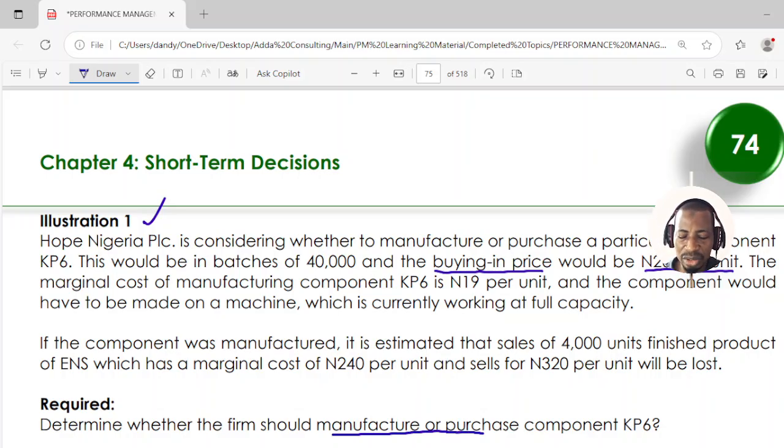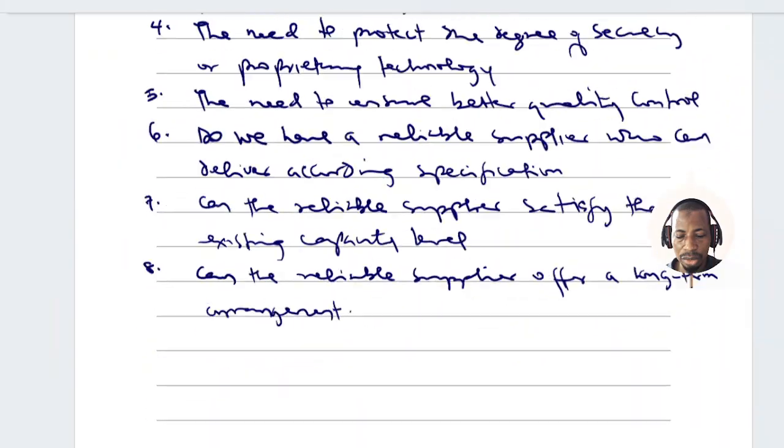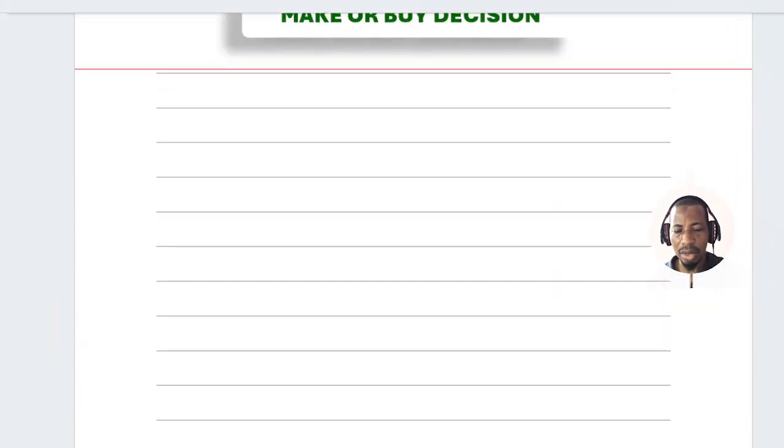So to solve the question, the name of the company is Hope Nigeria Limited.